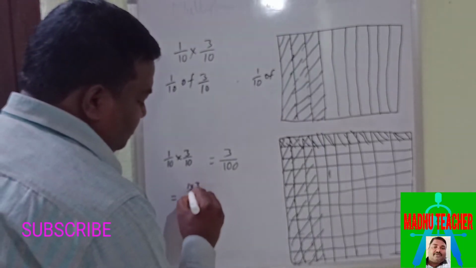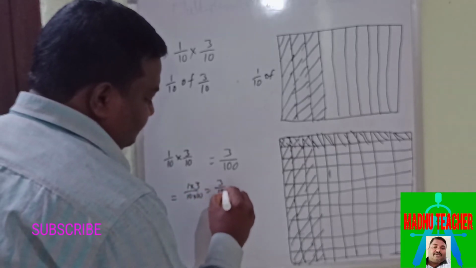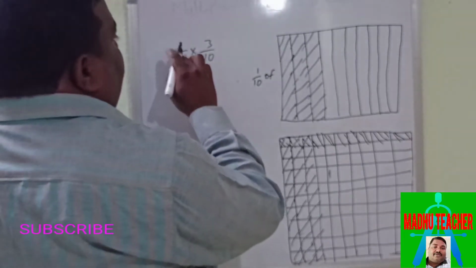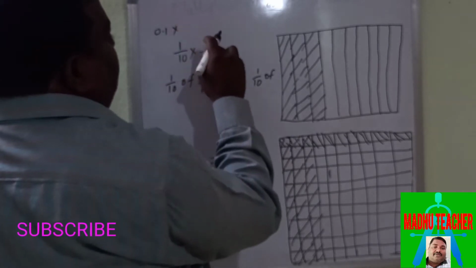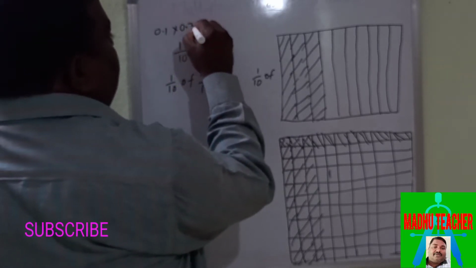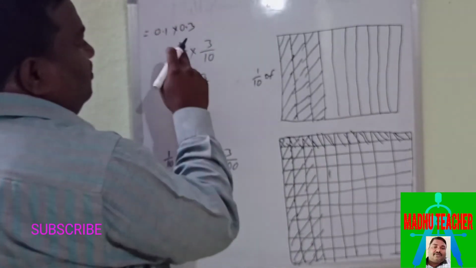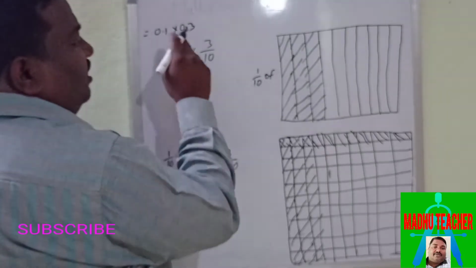1 into 3 by 10 into 10 equal to 3 by 100. That means, what is 1 by 10? It is 0.1. 0.1 into 3 by 10, which is 0.3. For 1 by 10, 0 cancel, put point before one digit, that is 0.1.